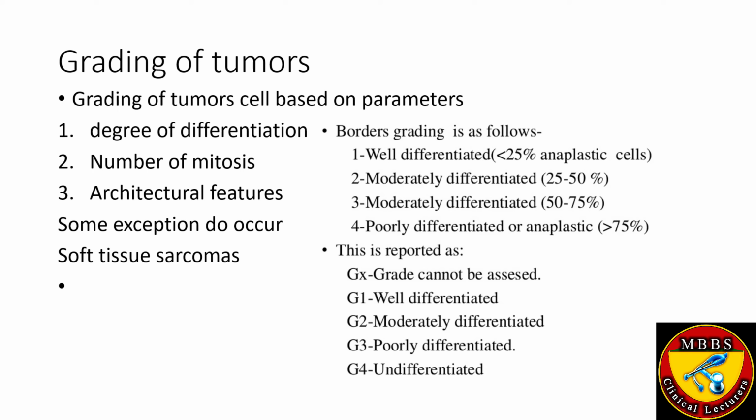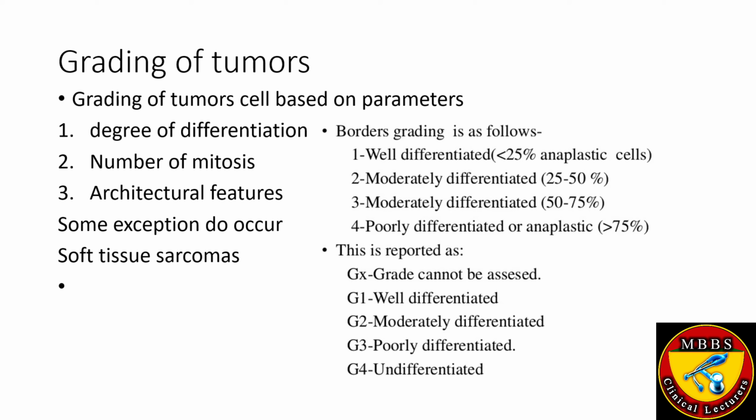The tumors show some particular architecture like papillary architecture, follicular architecture, diffuse, sheet-like, somewhat different types of architecture we can see with the tumor. So according to the differentiation, number of mitoses and architectural pattern, the histopathologist is going to label this as a well differentiated, a moderately differentiated or a poorly differentiated tumor.